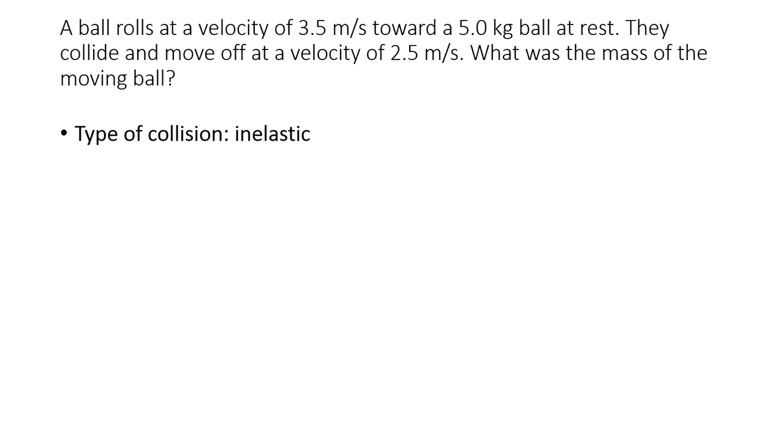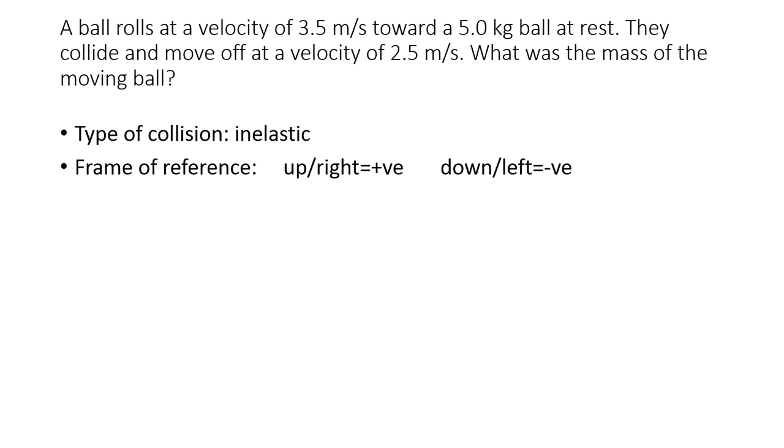The next thing you need to do, and this is really important with momentum problems, you kind of do it instinctively with all physics problems, but with momentum problems it helps to remind yourself of this. You need to identify your frame of reference. Okay, so I'm just going to use the standard: up is positive and right is positive, and down and left are negative.